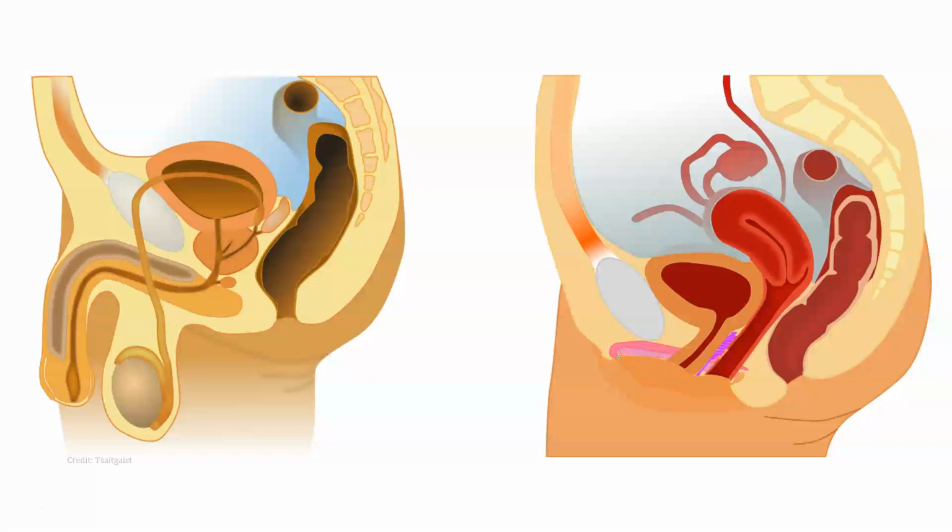So there's a structure here called the clitoris, and the clitoris has erectile tissue in it. The clitoris also has a little tip to it that has a highly sensitive area. There's a high abundance of sensory receptors there.